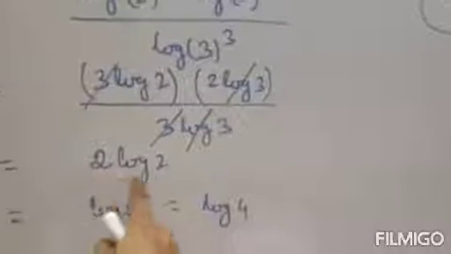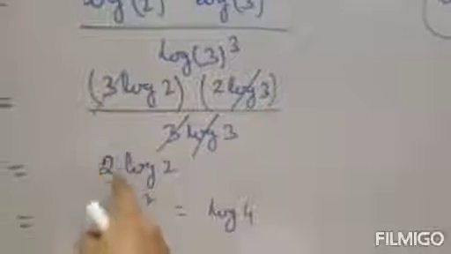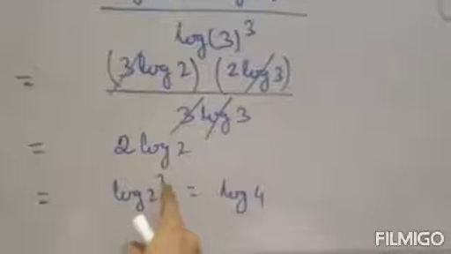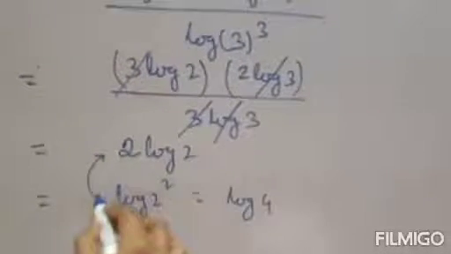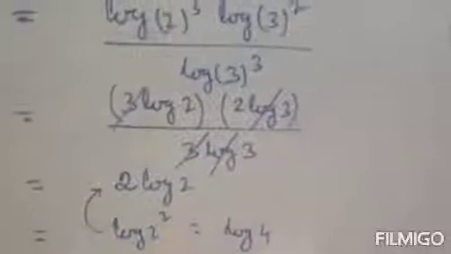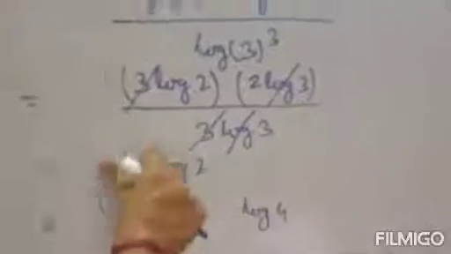Here the 2 is written before log, so put it in the power form, log 2 to the power 2. That is 2 squared, which is 4. So log 4 will be your answer. Clear? Next question.